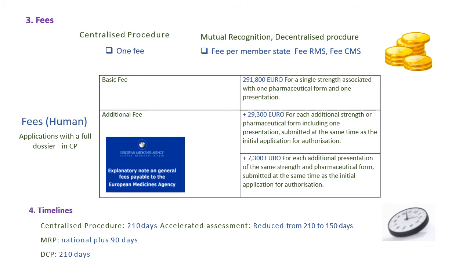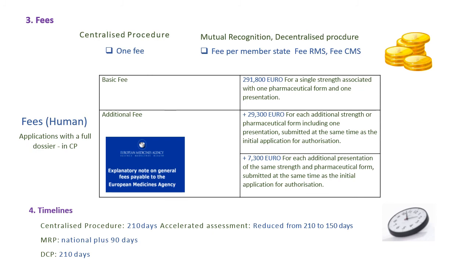Another additional fee would be 7,300 euros for each additional presentation of the same strength and pharmaceutical form submitted at the same time as the initial application for authorization. So you need to keep the fees in mind and then go for the type of procedure you want.